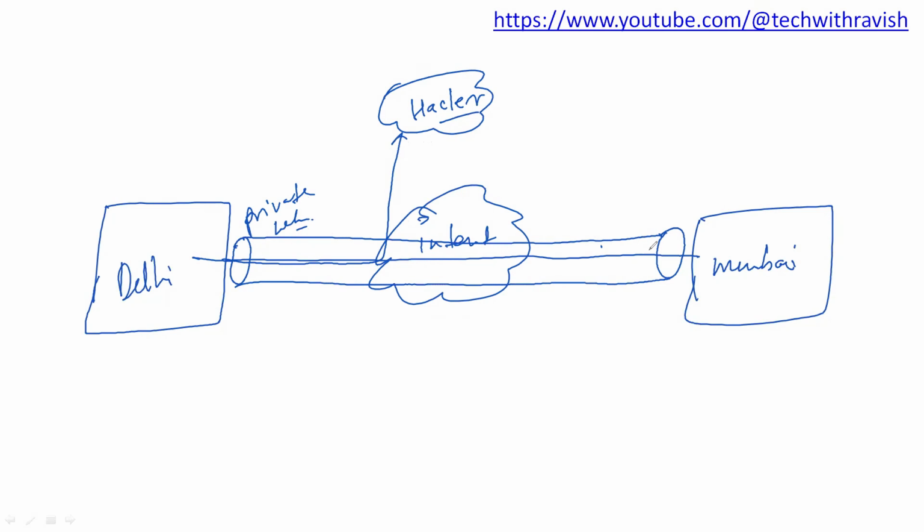This is my public network, right? On the public network, the VPN creates a private network, and with the help of that, the data cannot be captured or modified between the source and destination during transmission.